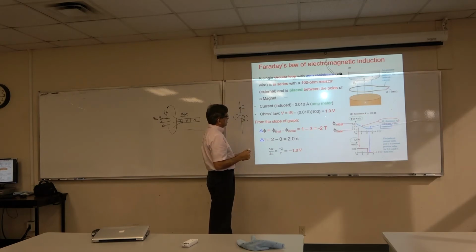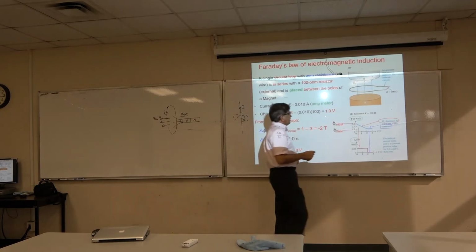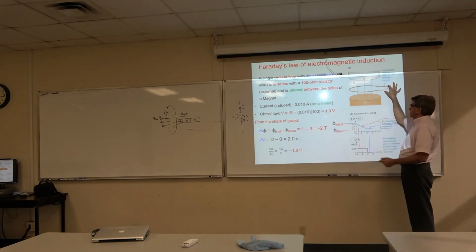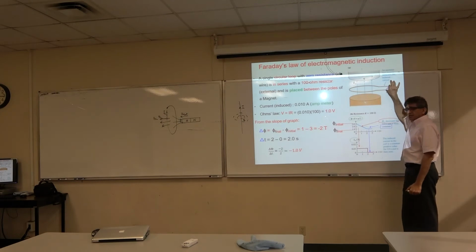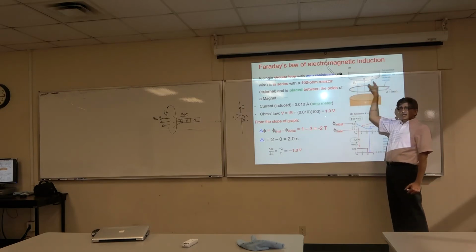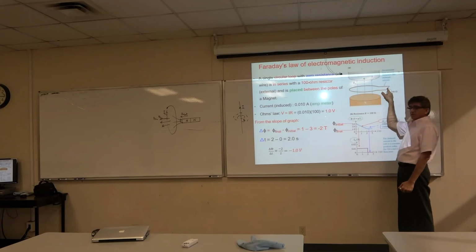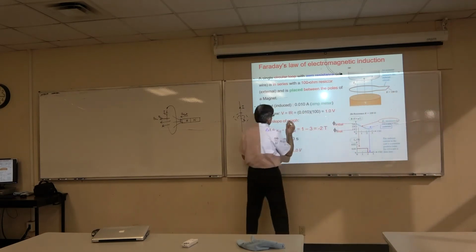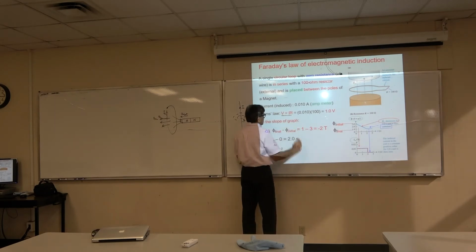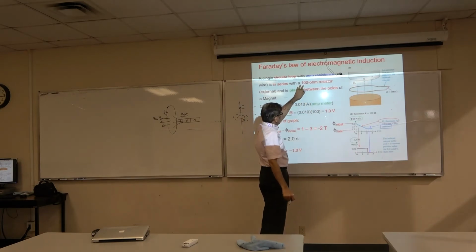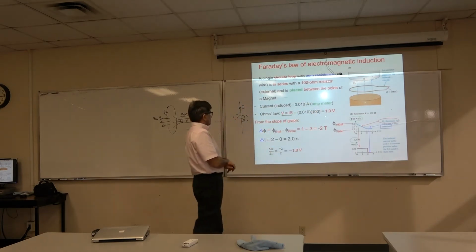Since we wanted to see the voltage from the induced current, which is the induced EMF, we put an external resistor so that we can find the voltage drop across it, and we also said that this is an ideal loop except for this external resistor. Using Ohm's law, which we learned previously, V is equal to IR, the current is 0.010 amp, the resistor is 100 ohms, so we got 1 volt.